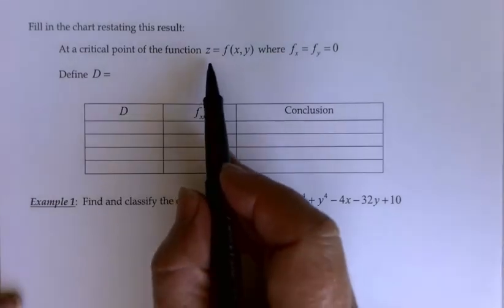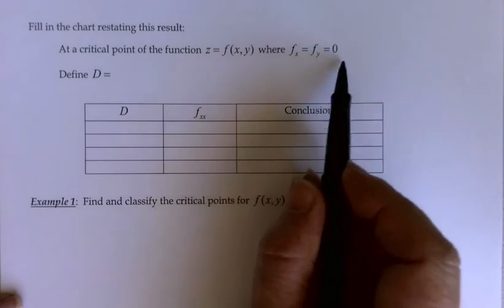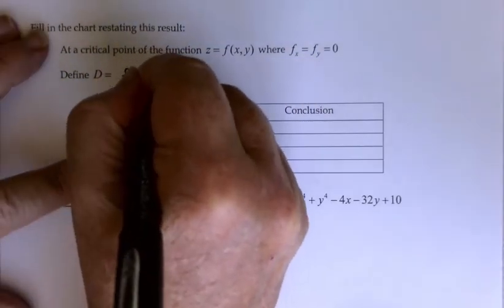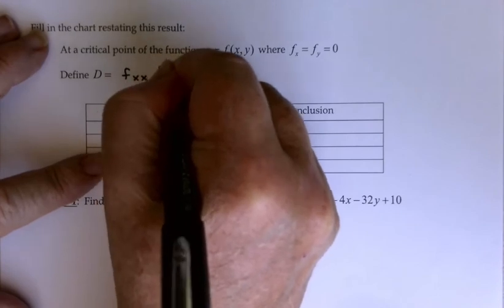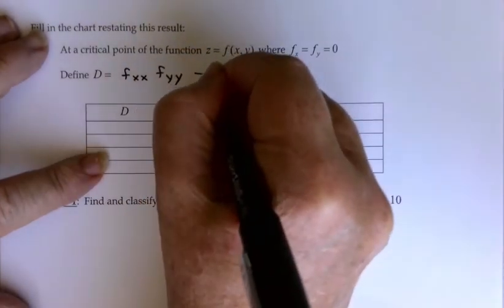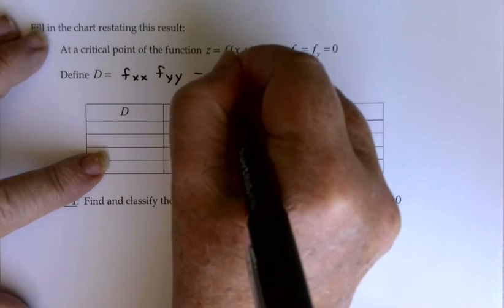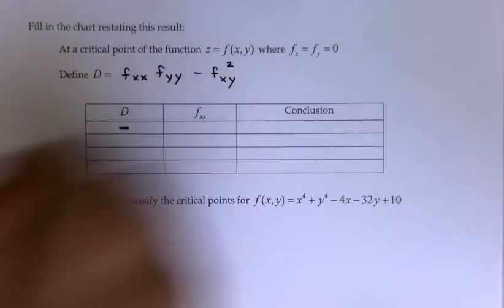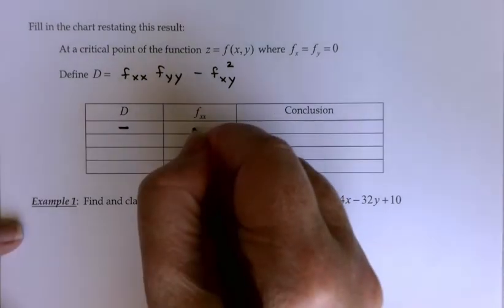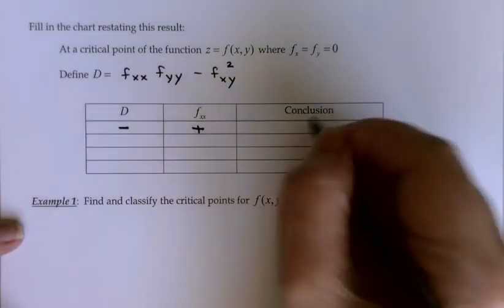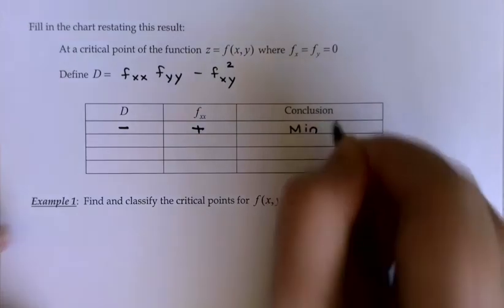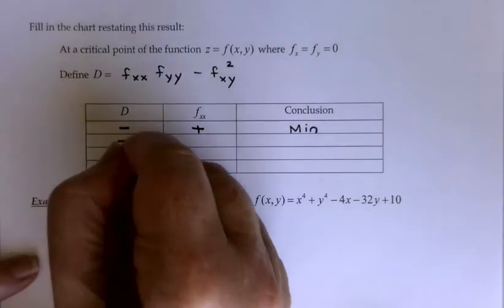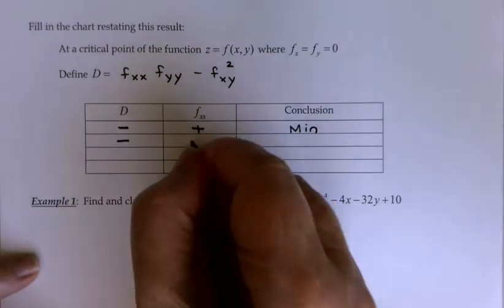If we have a critical point where f sub x and f sub y are both 0, then D again is defined as the product f sub xx times f sub yy minus f sub xy squared.